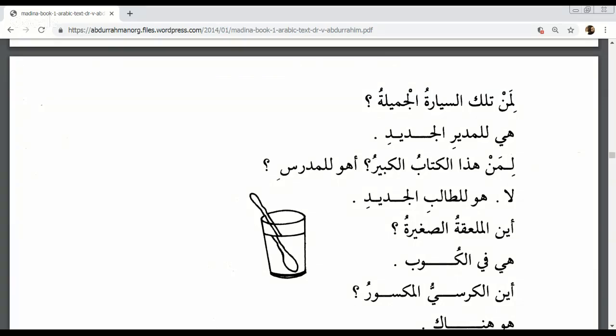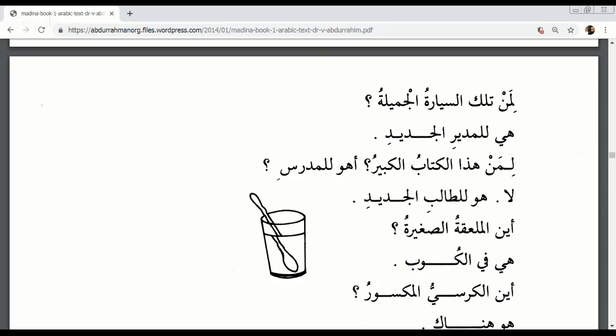When we say liman, yes, whose. Very good. We say liman, whose, tilka, meaning that, and we use tilka, not hada or dhalika, because tilka is referring to a feminine word, and here we see as-sayyaratu is a feminine word, so we use tilka. Tilka sayyaratul jamilatu, and al-jamilatu is also feminine because as-sayyaratu is feminine.